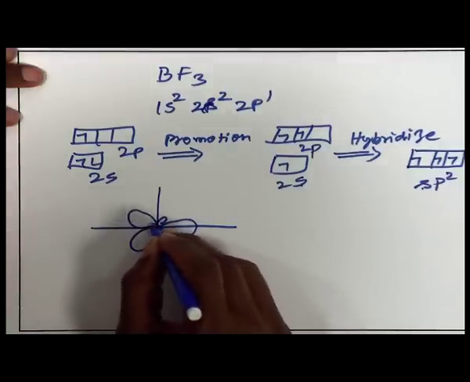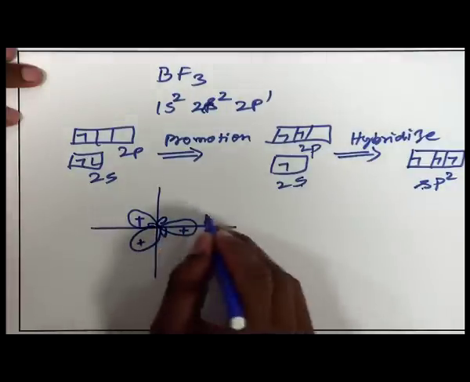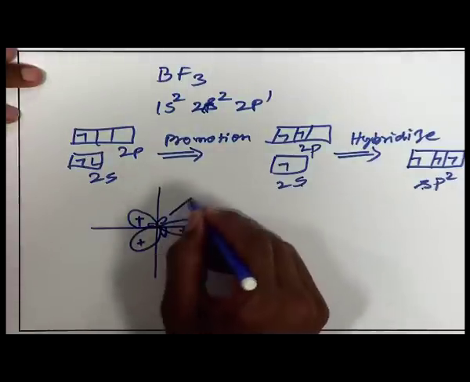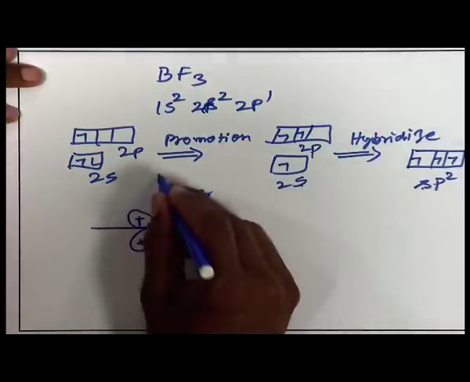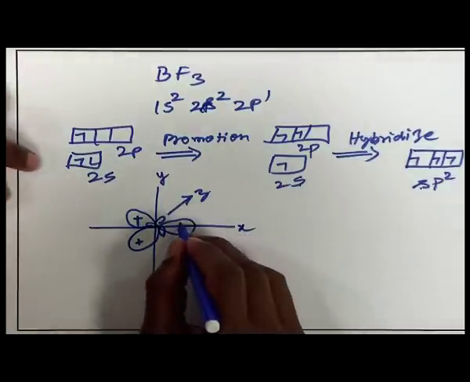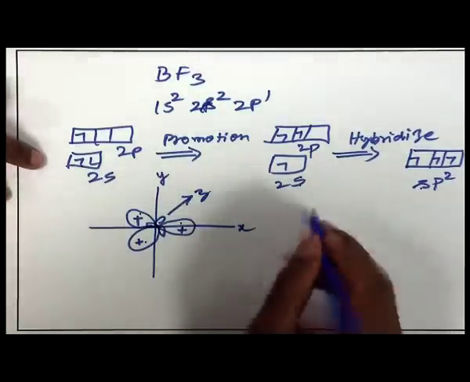There is a small lobe, another small lobe, this is positive, this is positive, this is positive. Say this is the z axis, this is the y axis. It contains 1 electron here, 1 electron here, 1 electron here, which can combine with another atom having 1 electron.